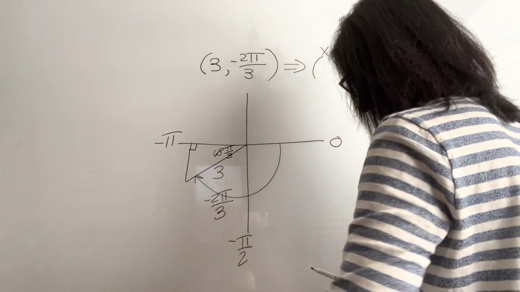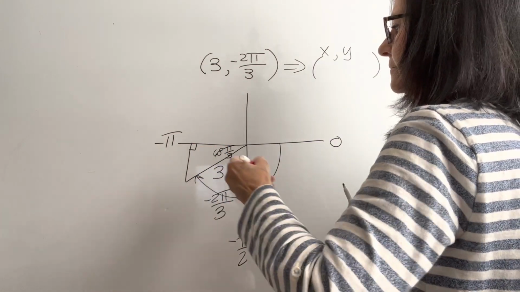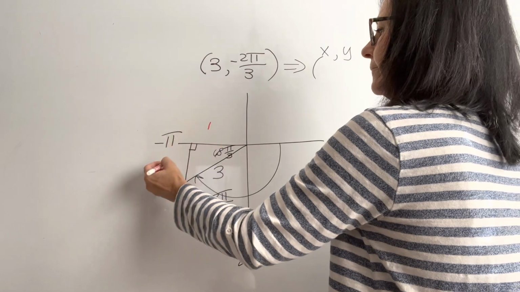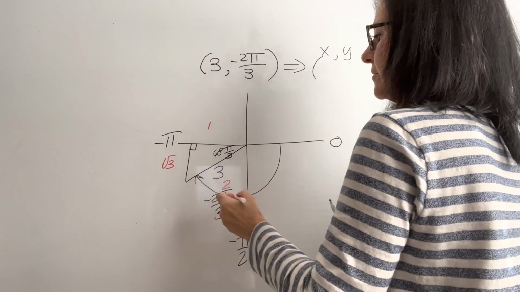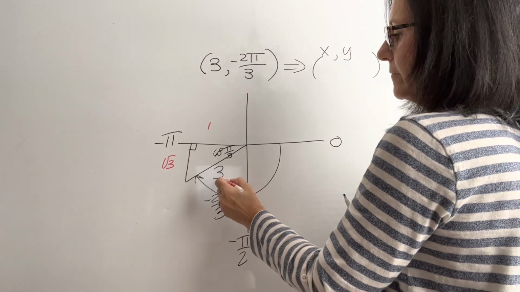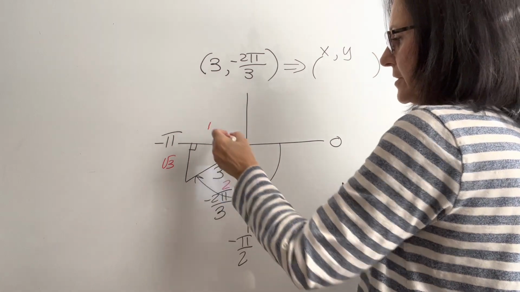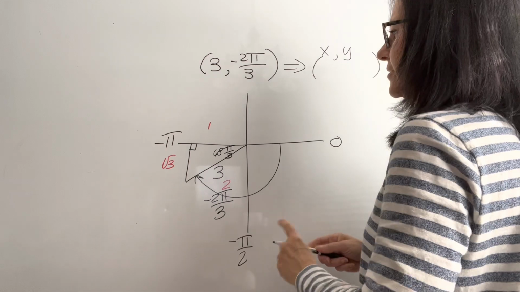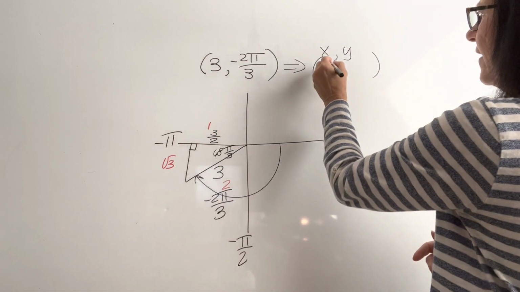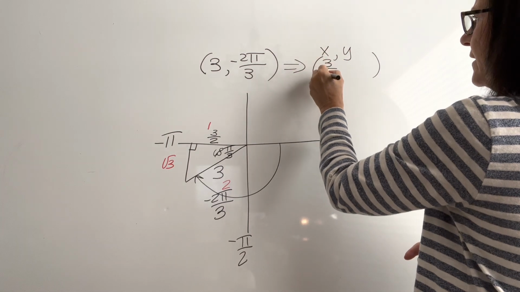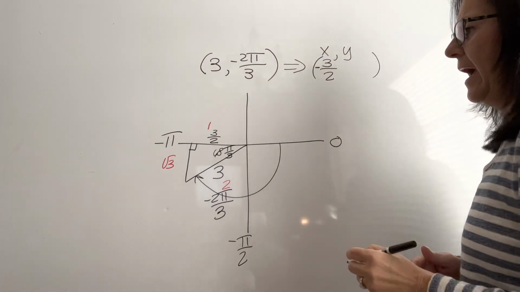So the Pythagorean triplet is 1, square root of 3, 2. So to get from the r value to the x value, we're going to divide by 2. So it's going to be 3 halves. That's going to be my x value. It's going to be negative because it's on the negative axis.